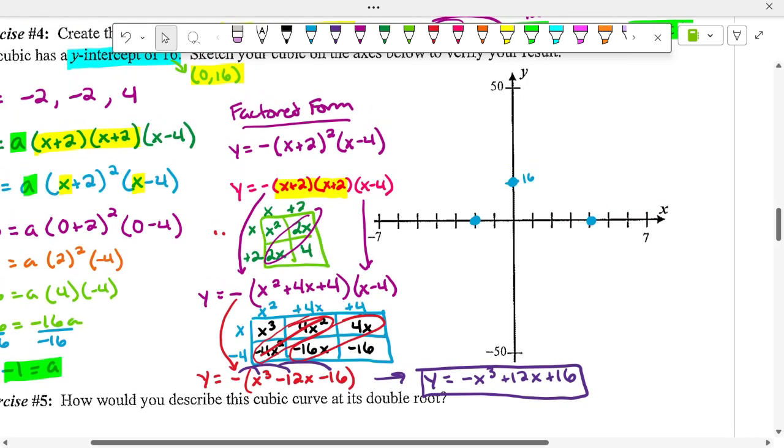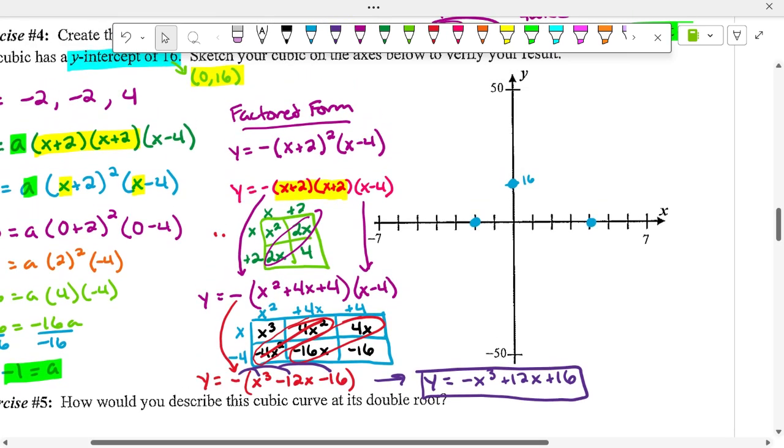And then what's going to happen at x equals -2? Based off of my factored form, a bounce is going to happen at -2. What's going to happen at 4? A cross.